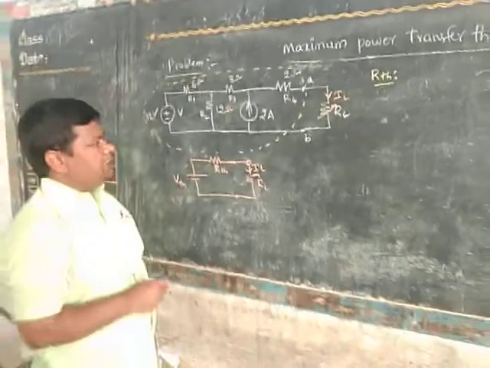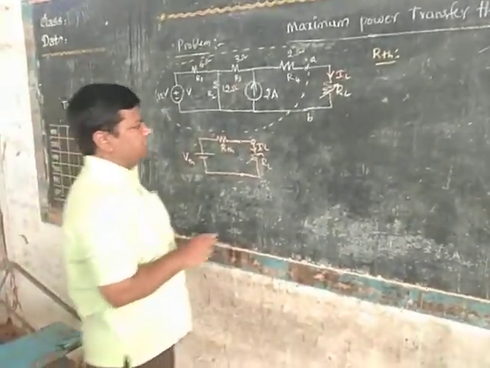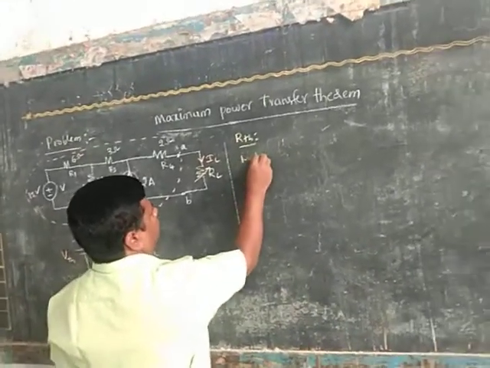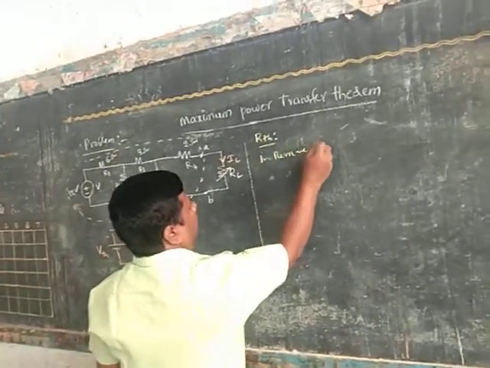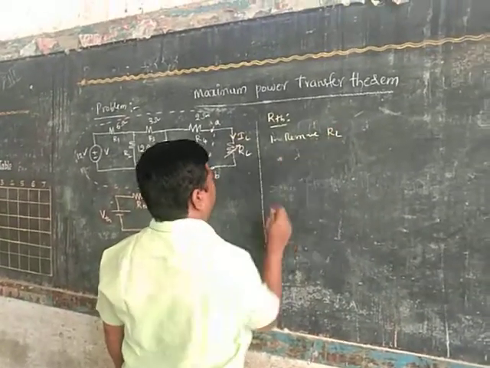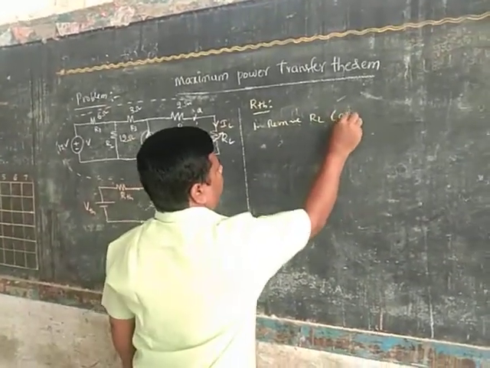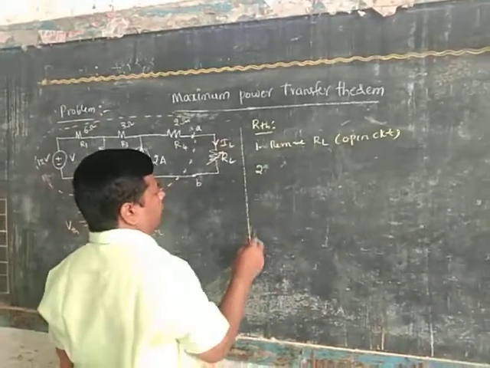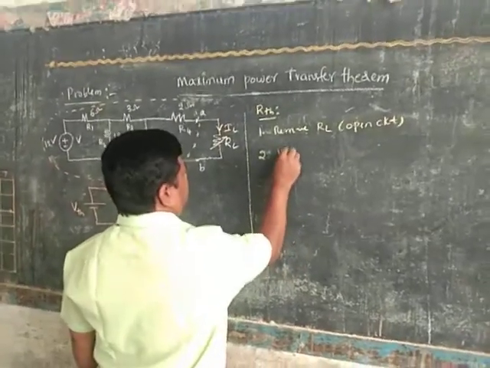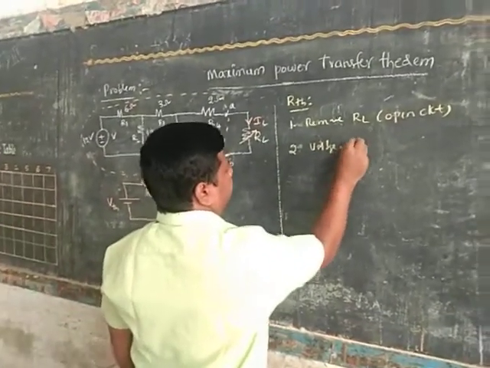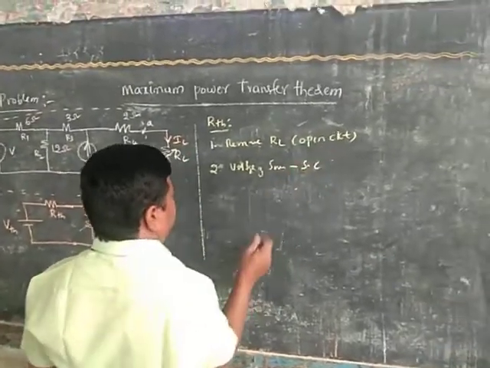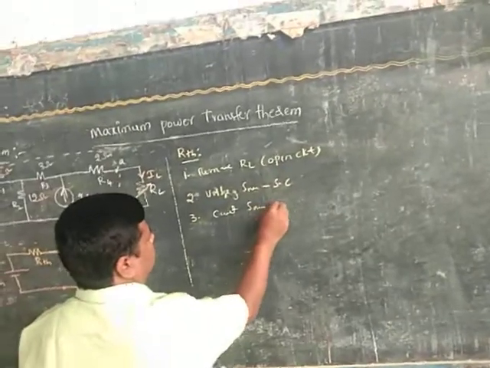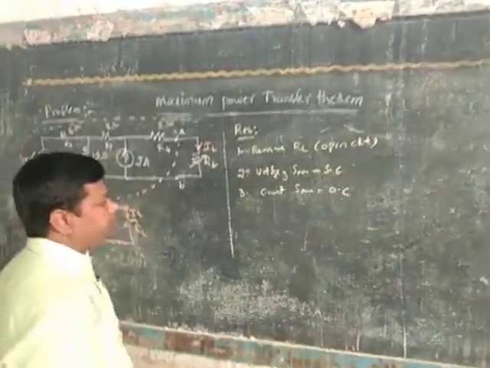Already we know that Thevenin resistance is the open circuit resistance. Remove the load. The first one is remove the load, remove RL, that is open circuit, and the second one is voltage source short circuit, and current source open circuit.